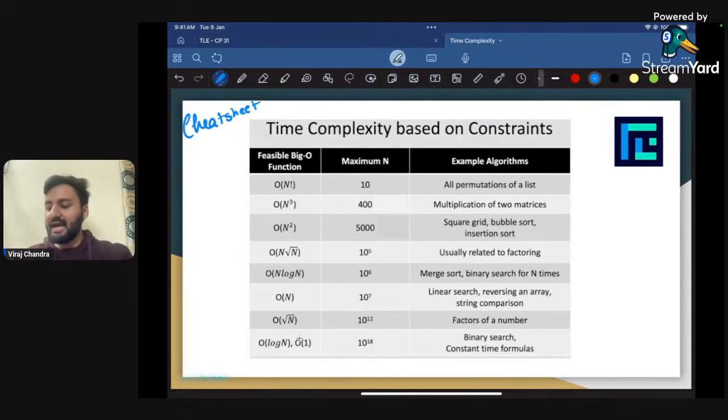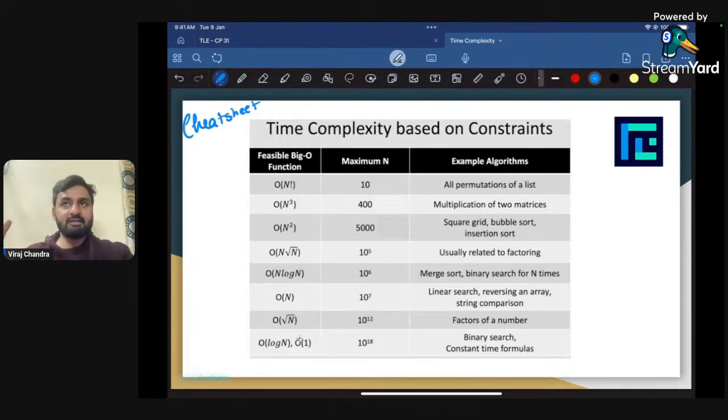Now, at your level, I understand that you might not be aware of all the algorithms. Let's say you're not aware of insertion sort, or binary search, or permutations of a list calculation, something like that. It's fine. As you grow in this journey, you will come across a lot of algorithms and how they solve problems.